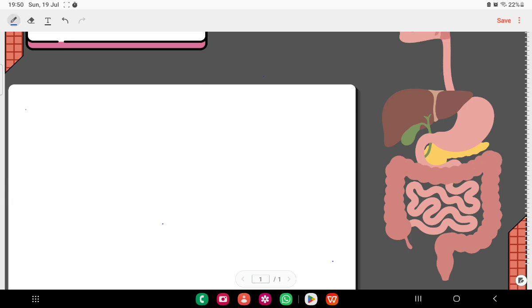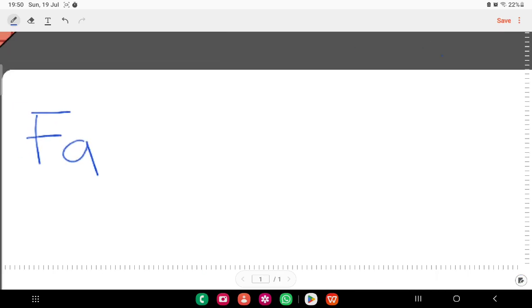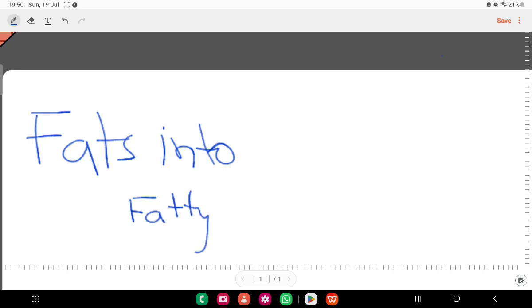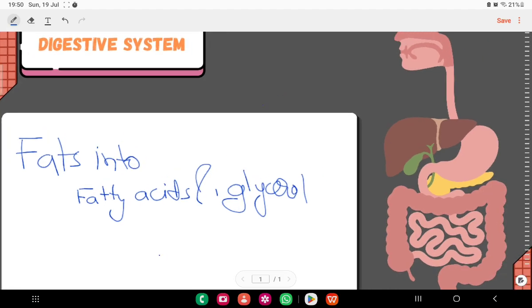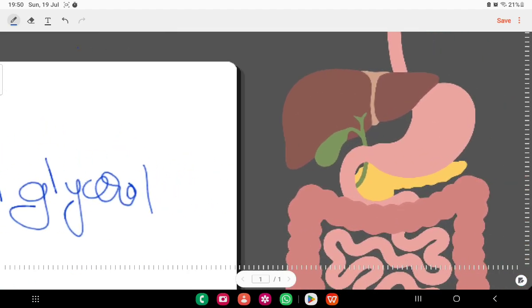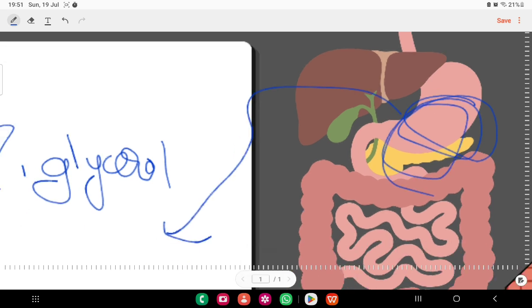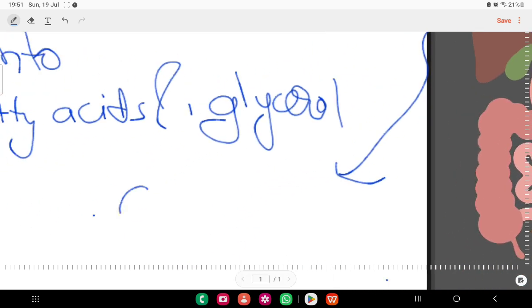Okay, it breaks down fats into fatty acids and glycerol. All right, and here in the stomach I forgot to tell you, I'm really sorry, you can write it somewhere else. It breaks down carbohydrates into glucose.